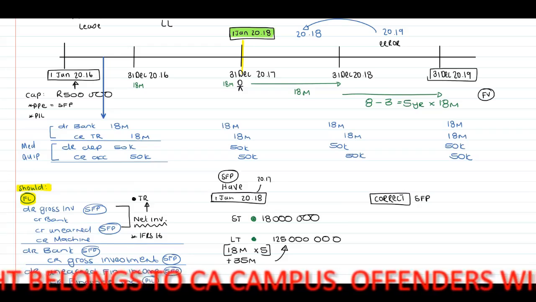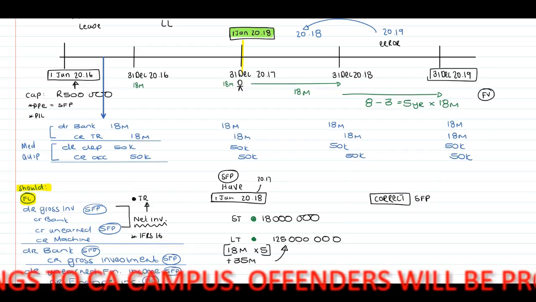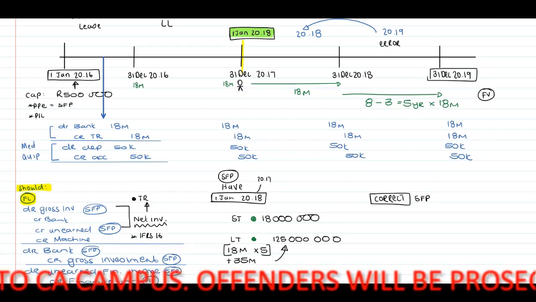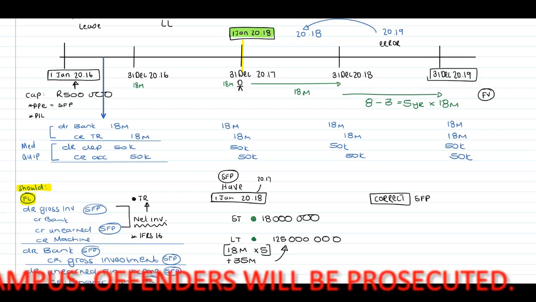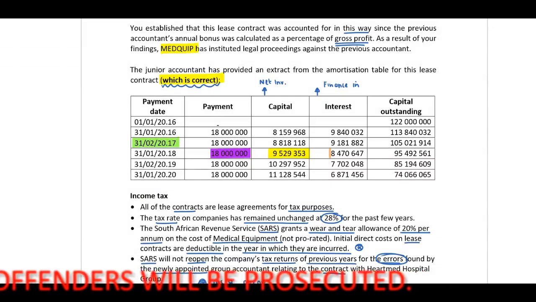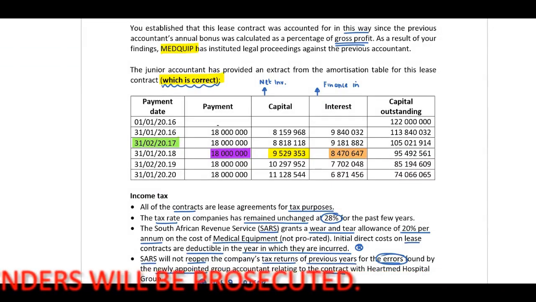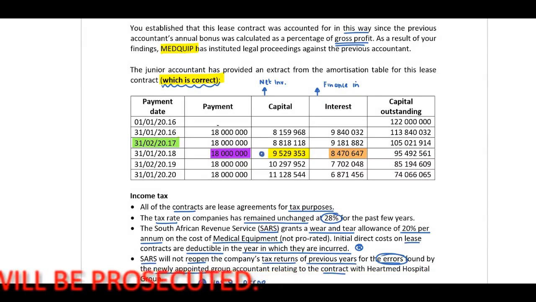We will credit our gross investment with 18 million, and we will debit our unearned finance income within the next year with this 8,470,647. Therefore, the net effect on our net investment will be 9.5 million.